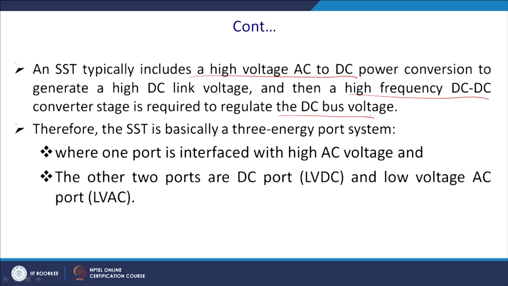Therefore, the SST is basically a 3 energy port system. So, that is its flexibility, unlike your passive transformer. One port is interfaced with the high voltage AC and the other two ports are the DC port and the low voltage LVAC port.